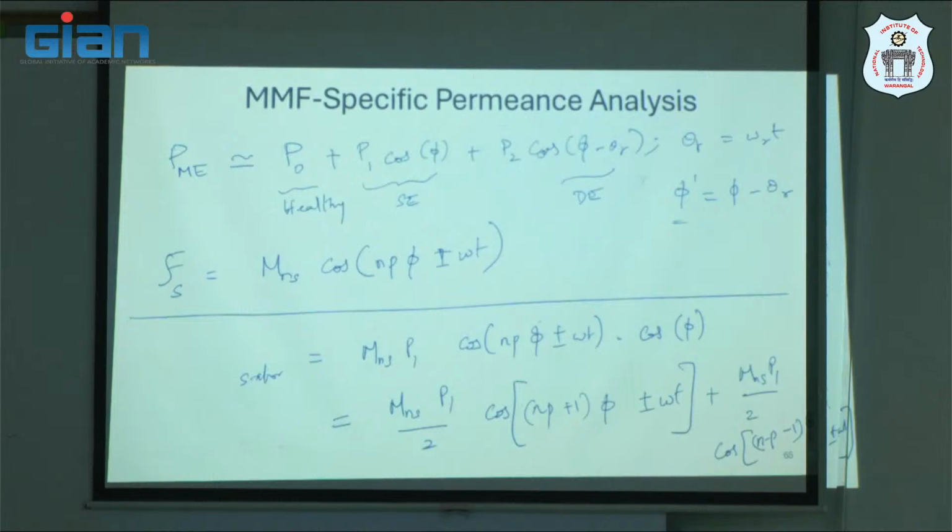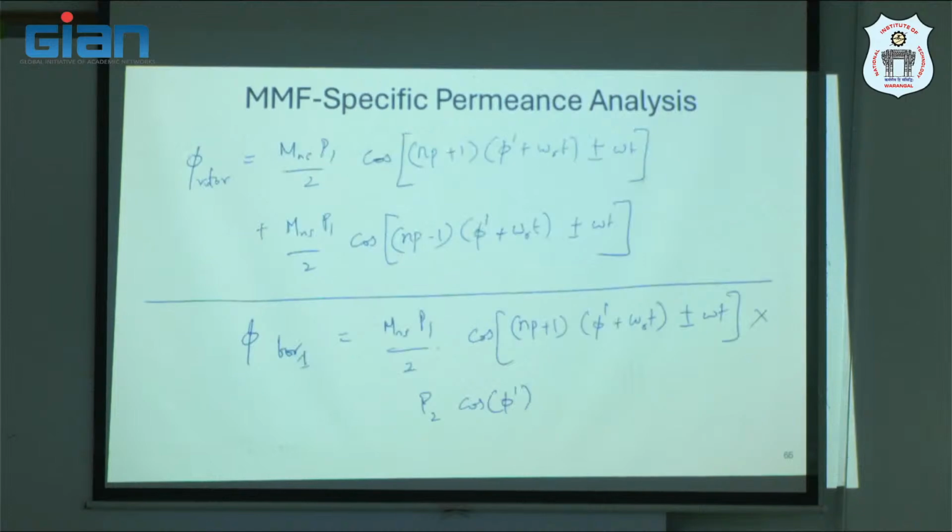P2 cos phi dash. Is that okay? So likewise, I will have another term, MNS P1 by 2 cos NP minus 1 phi dash plus omega t plus or minus omega t into P2 cos phi dash. Right?